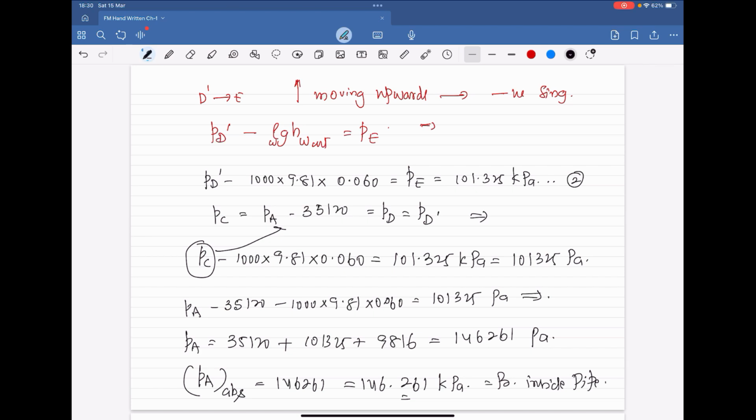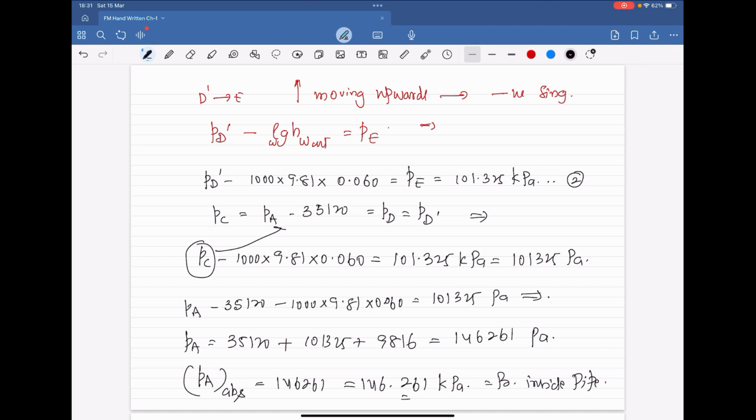Hence, we can say that PI is equal to this particular value, and try to understand that I have used two different liquids here. One is water column manometer and another is mercury column manometer. Sometimes, to make it more complicated, within the manometer itself, two fluids can be used. Let there be any number of fluids, any number of manometers.